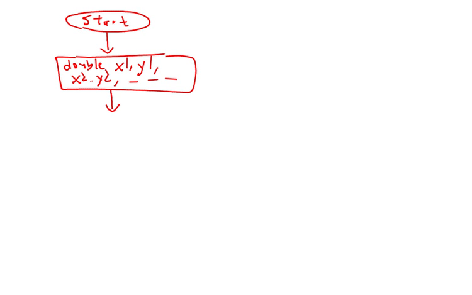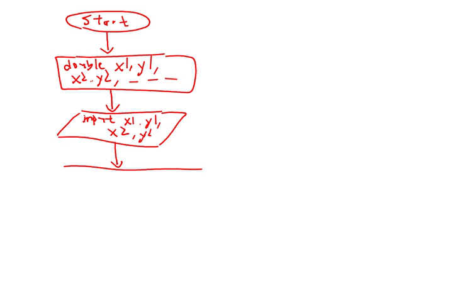Then the way we modified that program was we asked the user to put in x1, y1, x2, y2. Then we calculated side 1, side 2.